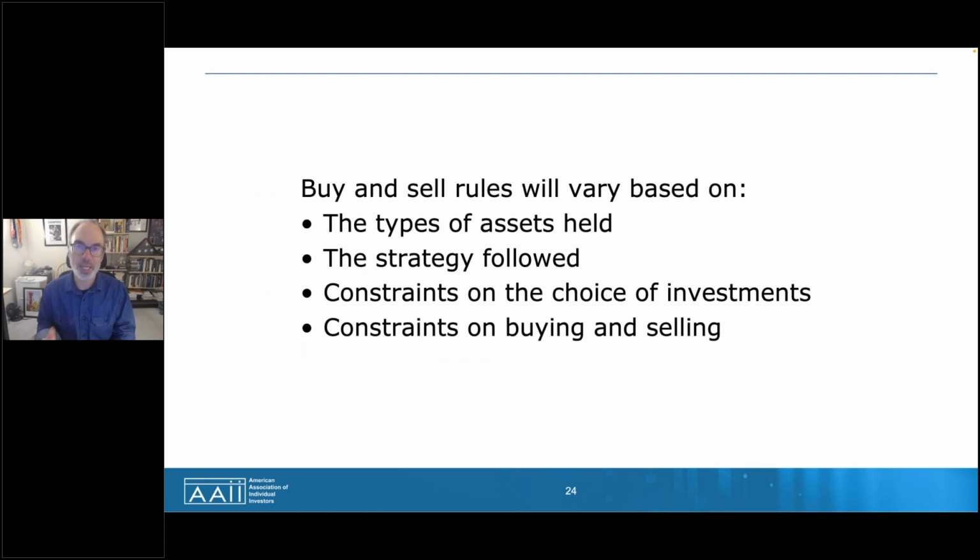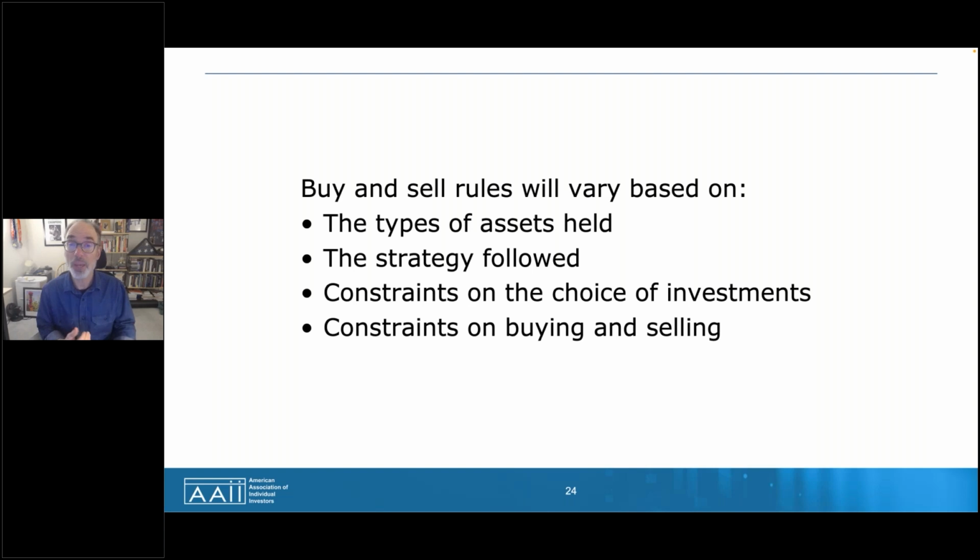Now, keep in mind, we give you some buy and sell rules, but your specific buy and sell rules will vary based on what you're doing, what types of assets you're holding, what kind of strategy you're following. If you're using technical analysis, you'll have a very different set of sell rules than if you're buying and holding mutual funds or ETFs.